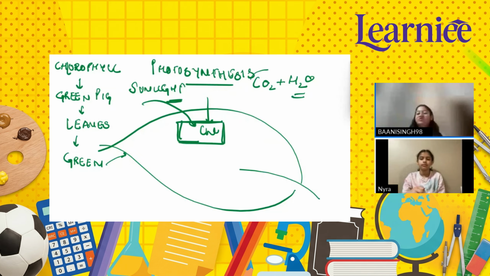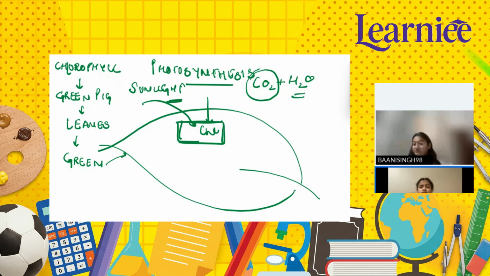Tell me, what is going to be the source of the carbon dioxide for the photosynthesis process? It provides them their oxygen. No, I am just asking you from where would the plants get the carbon dioxide?